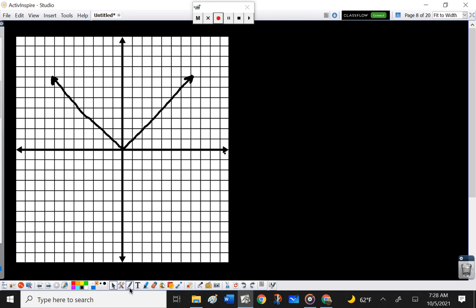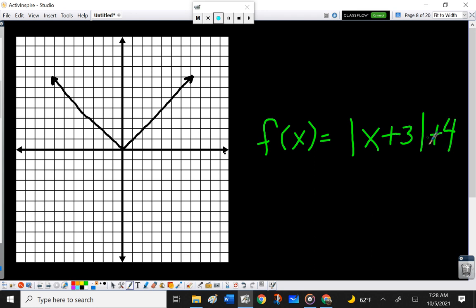Let's practice one more. Let's say I gave you the function f of x equals the opposite of the absolute value of x. Well, you know what? I'm not going to do that yet. Hold on. We'll do that maybe in class. Let's do the absolute value of x plus 3 plus 4. Remember, f of x means the same thing as y.